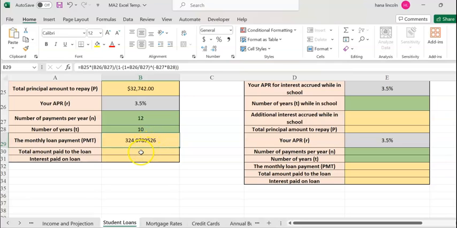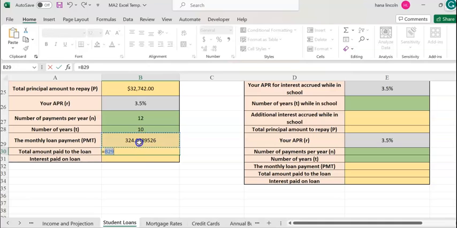Now next you are asked to find the total amount paid on the loan, so how much you're going to pay over the 10 years. Given those values, enter equal monthly payment times number of years times 12 months per year.